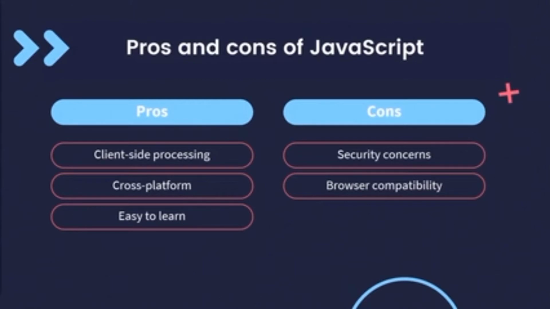Now, yes, we did say it's cross-platform, but if we look at outdated browsers such as Internet Explorer, I believe it was, that browser is extremely outdated and no longer available. In fact, it's become obsolete. Okay, so as JavaScript improves, these older engines, these older browsers, they become obsolete and they are no longer supported by the new version of JavaScript.